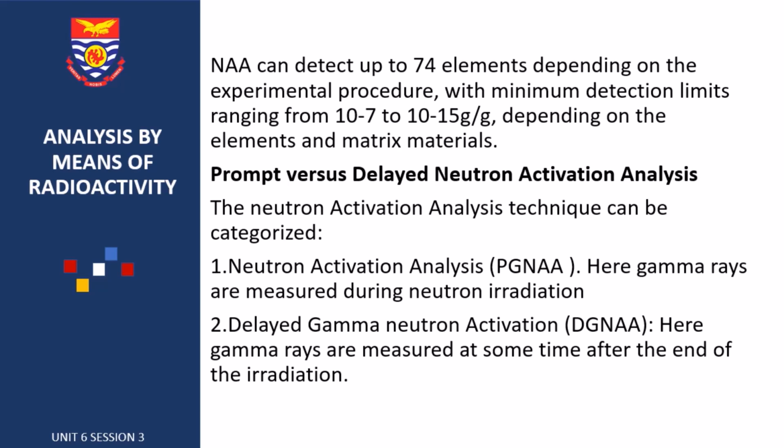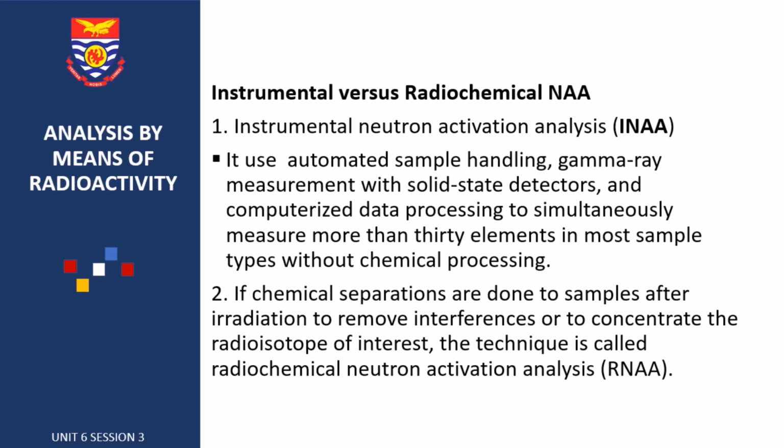But in the delay gamma neutron activation analysis, the gamma rays are measured at some time after the end of the irradiation. Let us also look at instrumental versus radiochemical NAA.